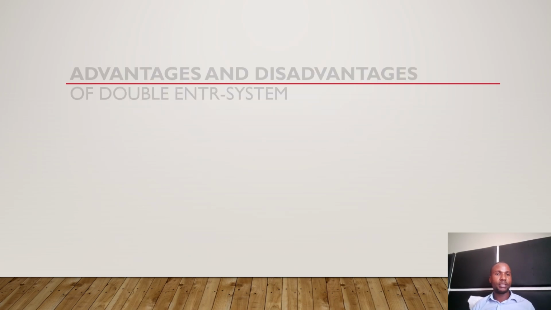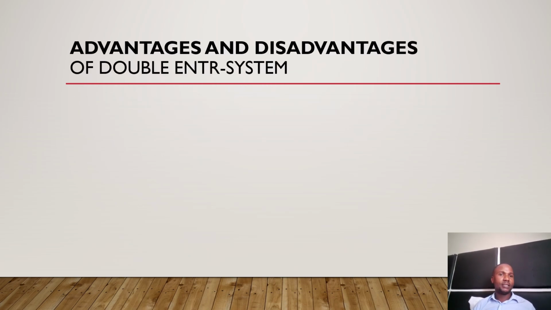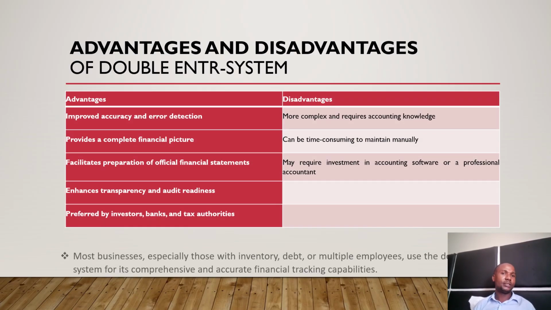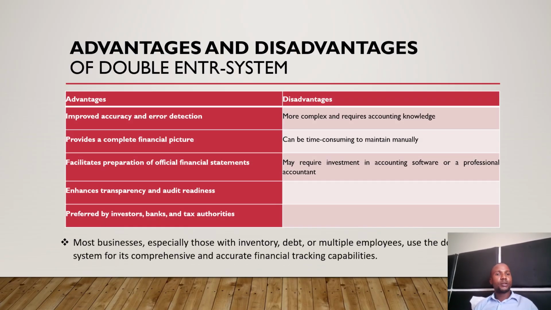Okay, let's proceed. What are the advantages and disadvantages of the double entry system? One of the advantages, as you might have noticed already, is that it improves accuracy and error detection. How does it ensure this? It always ensures that every debit entry has a corresponding and equal credit entry.